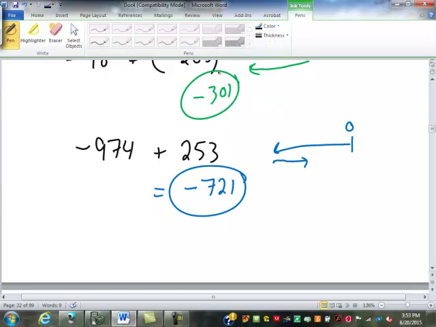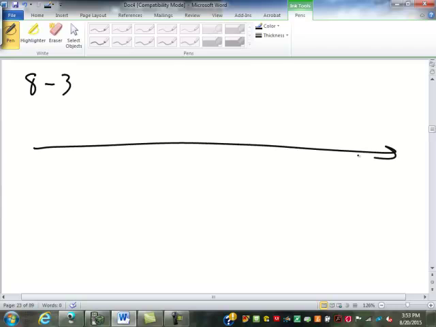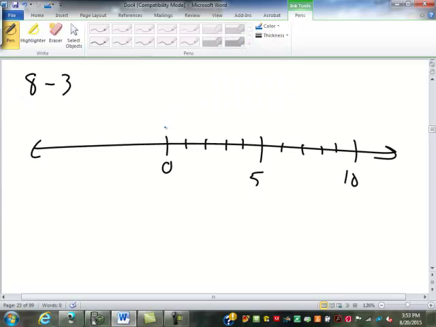Now I realize I kind of pounded on the addition here with the integers, but it's very important because our next step, the subtraction, really deeply depends on an understanding of the addition. If I have something like 8 subtract 3, if I want to draw this out on my number line, the picture I'd probably come up with would look something like this.